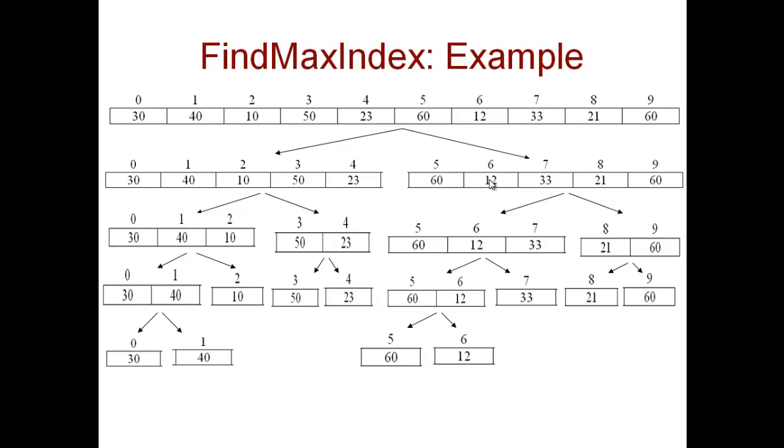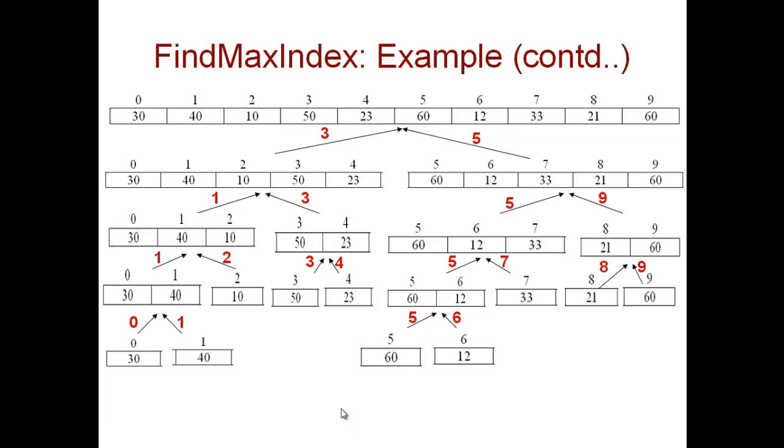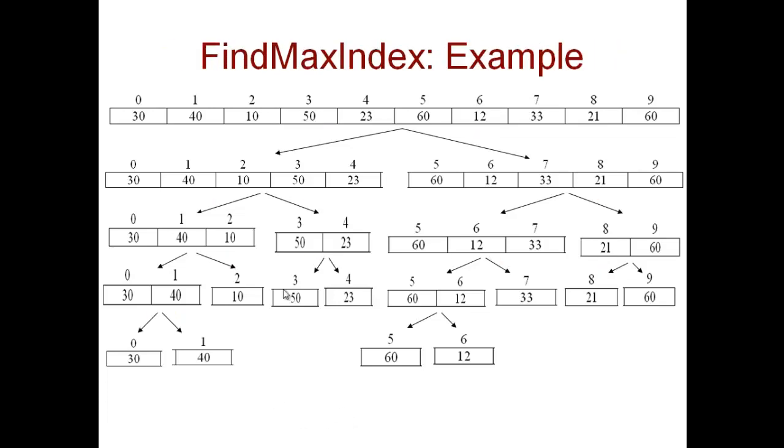So let us go through this example now and see how we find the index where the overall maximum is. What I show in this slide is the divide part, and then we'll merge the solutions of the sub-problems. So you see the recursive call. We start from 0 to 9 as left index to right index and divide that into two sub-problems. So this is your 0 to middle index and middle index plus 1 to right index.